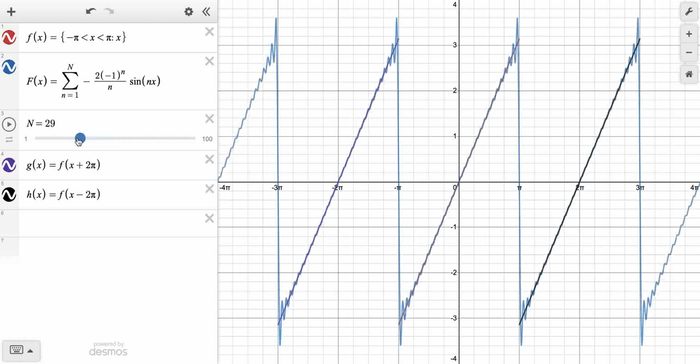Okay, so to summarize from this graph that I have, it seems that my Fourier series is converging to the 2 pi periodic extension of my function, except at discontinuity points. Discontinuity points not of my function, but of the 2 pi periodic extension of my function, where at a discontinuity point it seems to converge to the average value.